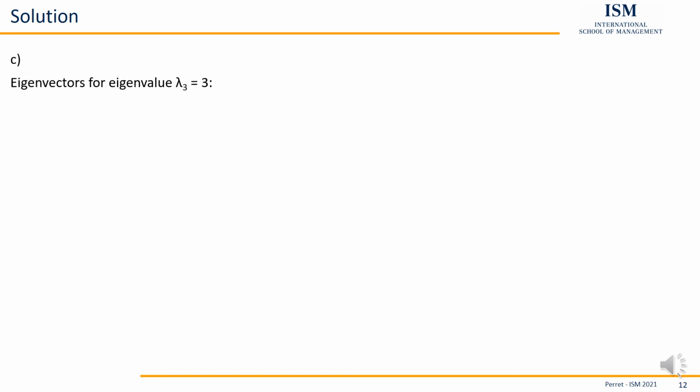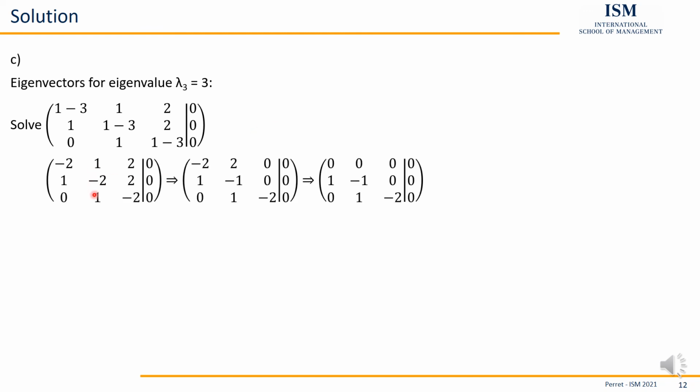So if we insert 3 for lambda, we get this system of equations, which then reduces to this part. What can we do here? First idea would be to get rid of those 2's here. So add the third to the first and the second row, giving us this part here.